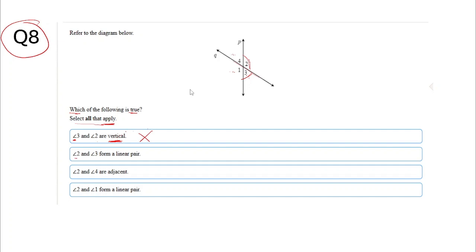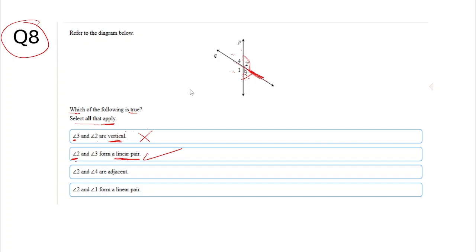Okay, angle 2 and angle 3 form a linear pair. What we said about a linear pair is that the two angles have a common ray and the other rays are in opposite directions. So this is angle 2 and this is angle 3. This ray is common, right? And the other two rays have the same endpoint but are in opposite directions. That means this answer is right.